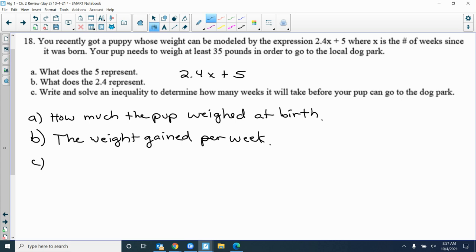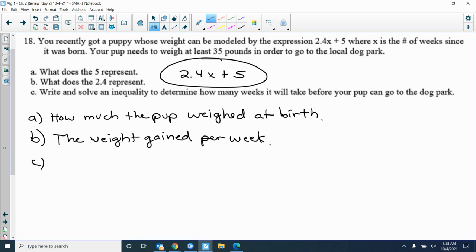All right, this represents its weight, right? How much does it need to weigh before it can go to the dog park? 35 pounds. Less than 35 or more than 35? Less than. What does at least mean?